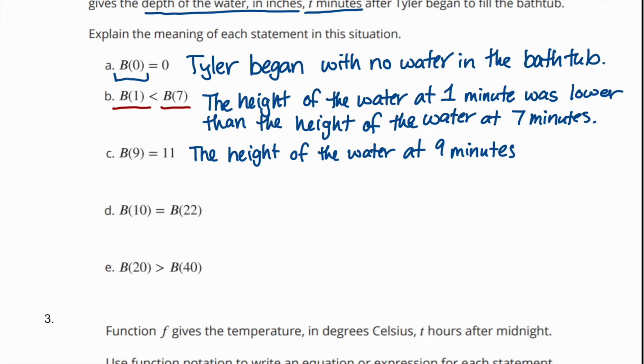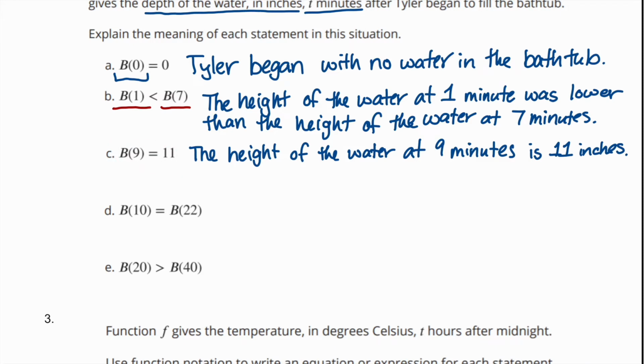But now we have to put equals 11, and this part is a much shorter phrase. We can say is or was 11 inches. And that's our full sentence: the height of the water at 9 minutes is 11 inches. And that's what we have represented here.